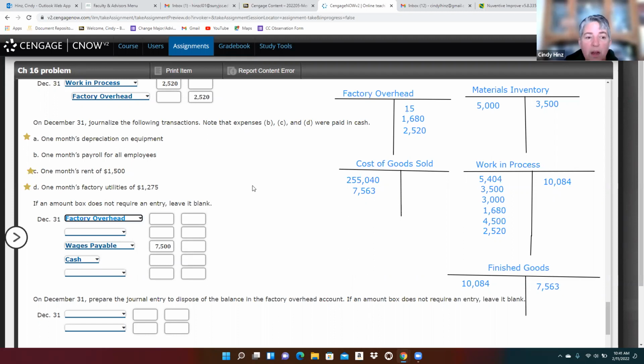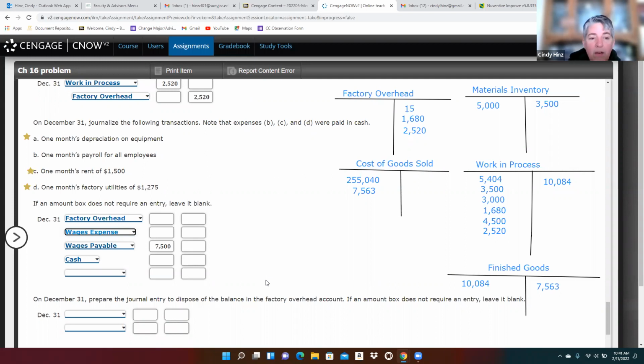The other part of that factory overhead is the half of the salary or the wages for that knitting supervisor slash office manager. The office manager part is a period expense that we're going to record as wages expense. The supervisor part, the knitting supervisor, is part of the overhead. And we again discussed that at the very beginning of the problem.